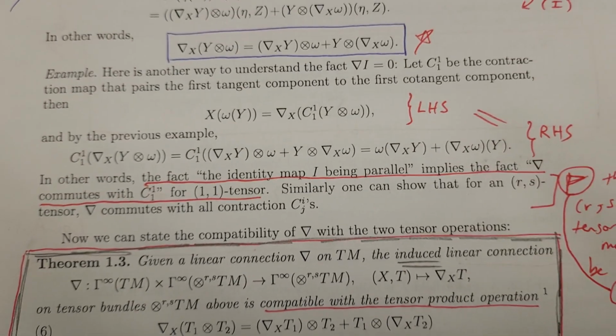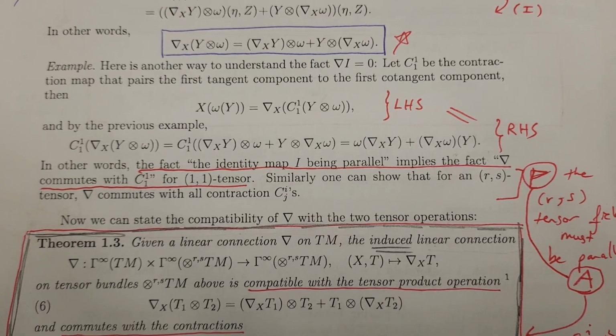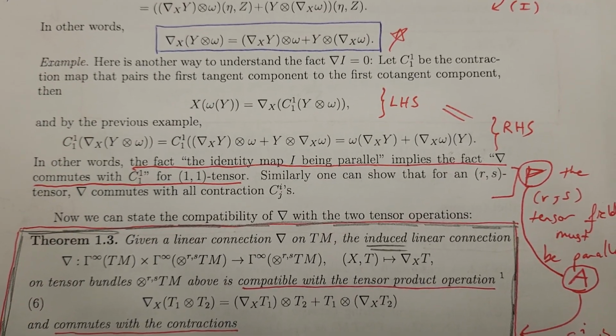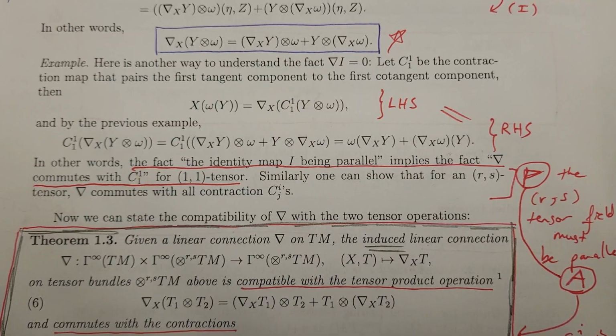This is the contraction mapping C^i_j. The point is that the covariant derivative commutes with the contraction mapping, okay? And we can see the derivation of that here. It has to do with the fact that the identity map is parallel, okay? It's also an exercise to show that these contraction mappings commute with the covariant derivative, okay?